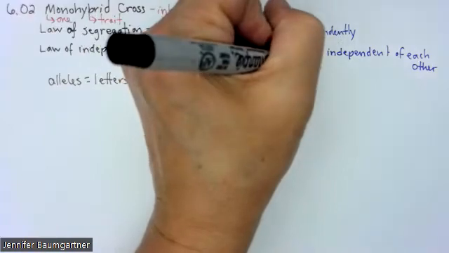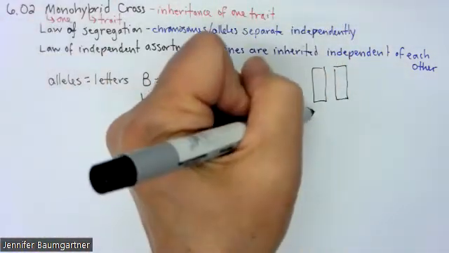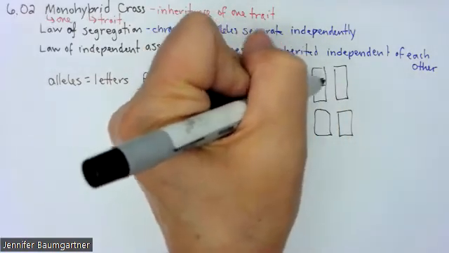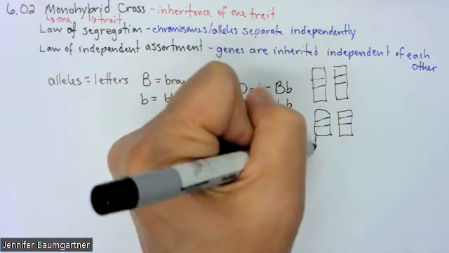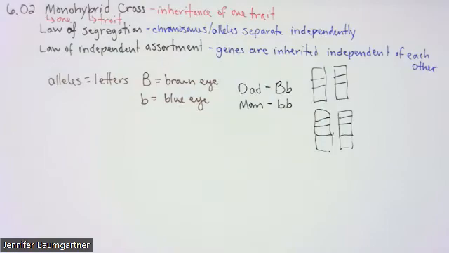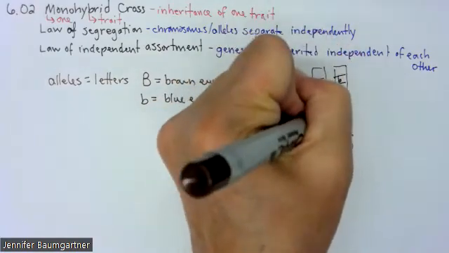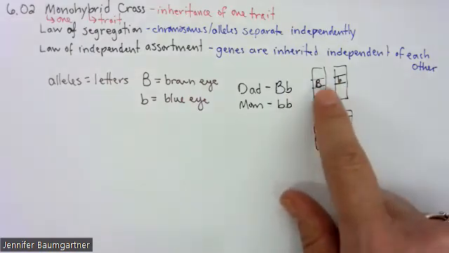If this was dad, this is dad's chromosomes and these were mom's chromosomes. At that same spot, they would have their alleles. This should be longer because these should be identical. Sorry. And dad's would be a capital B, lowercase b. Lowercase b, lowercase b. Again, these are the genes. These are sections of the chromosome.